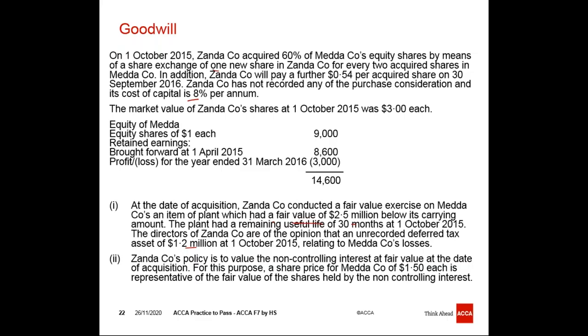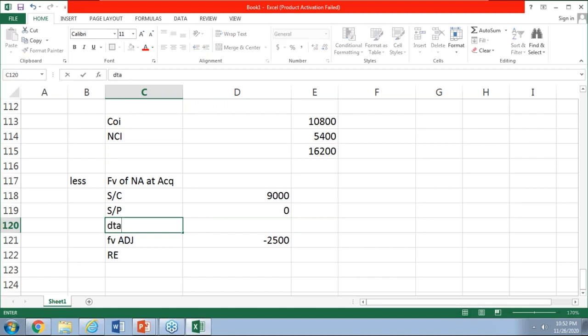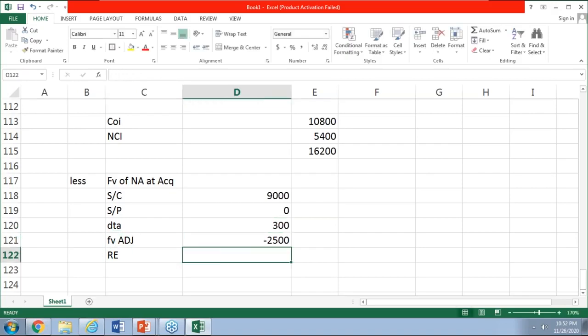And there are unused tax losses of 1.2 million, for which we haven't been given the tax rate. Unused tax losses 1,200. Assuming the tax rate is 0.25, the deferred tax asset will be 300.